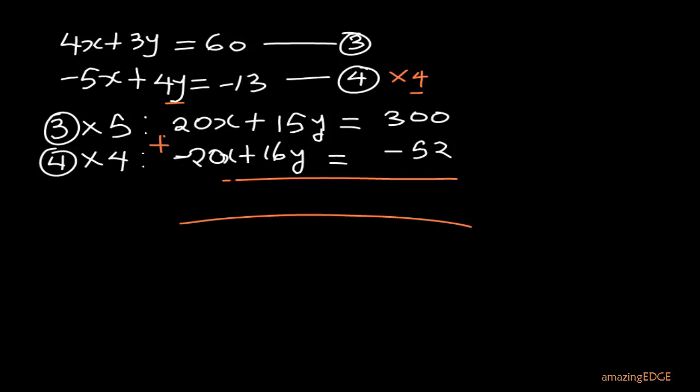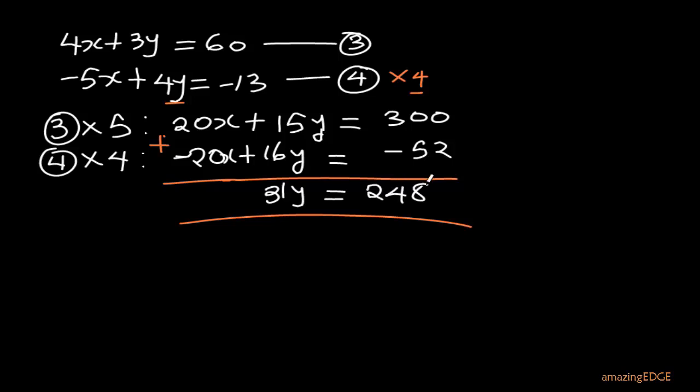Okay, so now when we add, 20x minus 20x, that one is gone. Then here we have 15y plus 16y, that will give us 31y. Then here 300 minus 52 gives us 248.